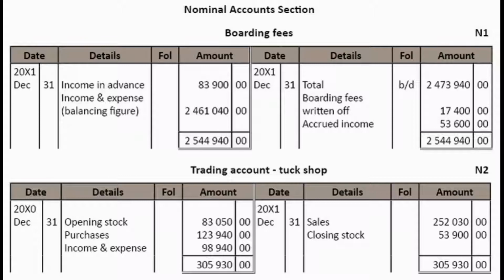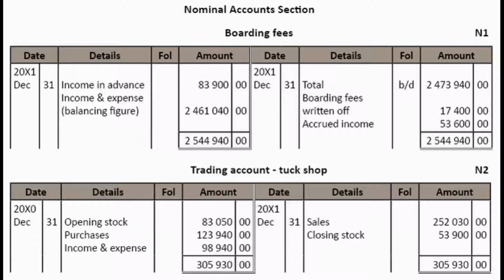In the exam, if they don't give you an opening stock account under the nominal account section, then you'll know that the stock in the balance sheet section was actually the opening stock. So you just use that amount and enter opening stock on the debit side of the trading account. So that is 83,050.